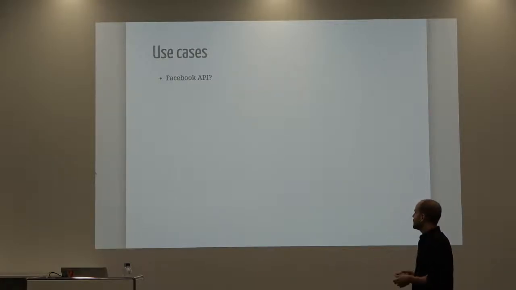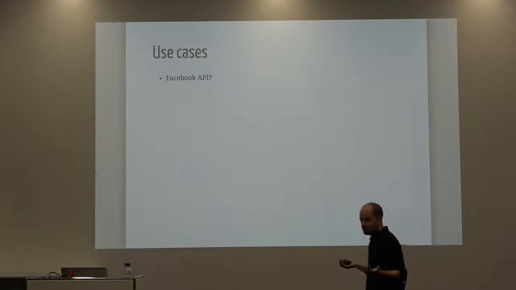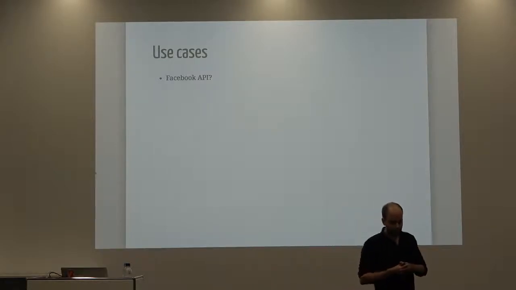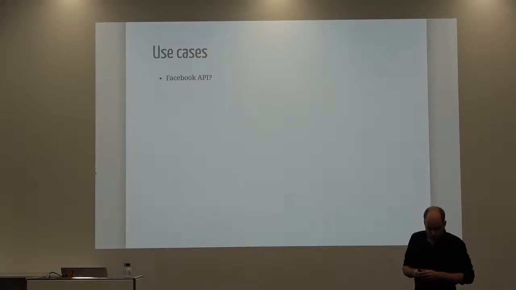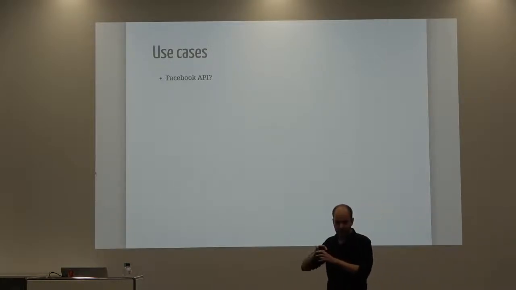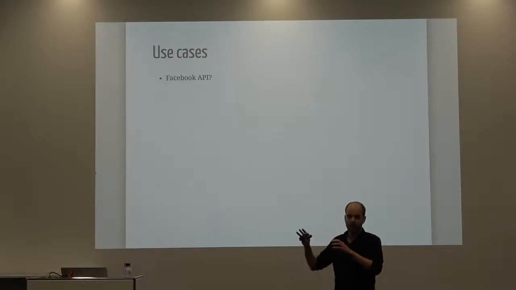So let's check some use cases. Let's imagine I'm Facebook. I want to create an API. Should I use RPC or should I use REST or GraphQL? A third party that uses Facebook's API is developing its application independently of Facebook's backend, independently of all Facebook's code.